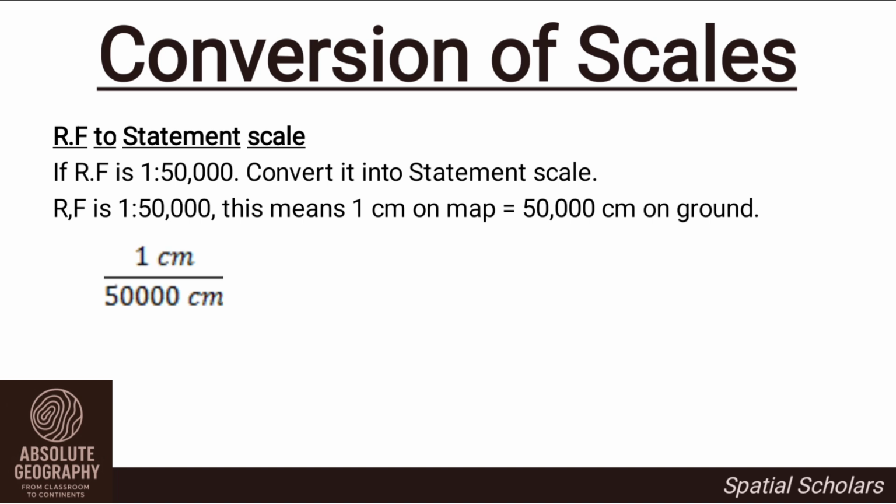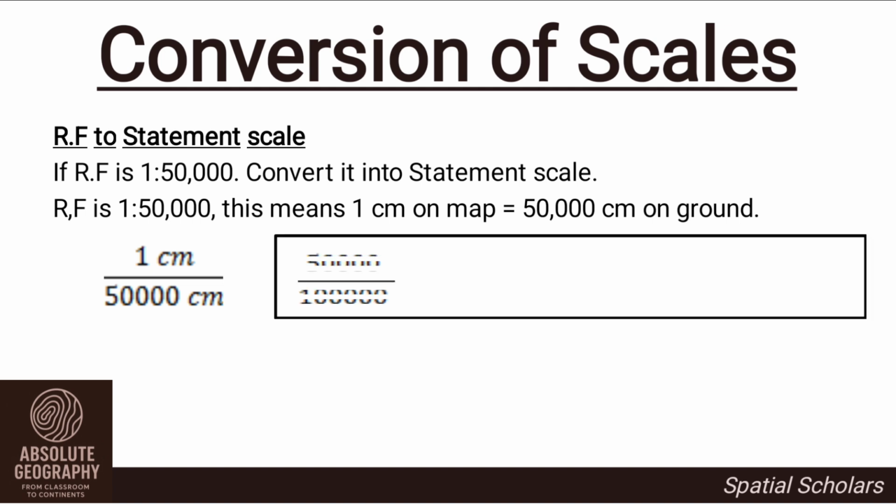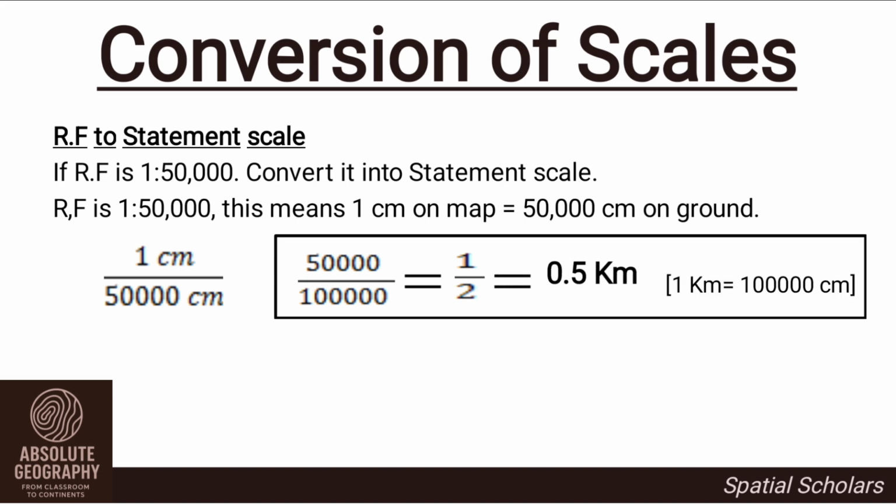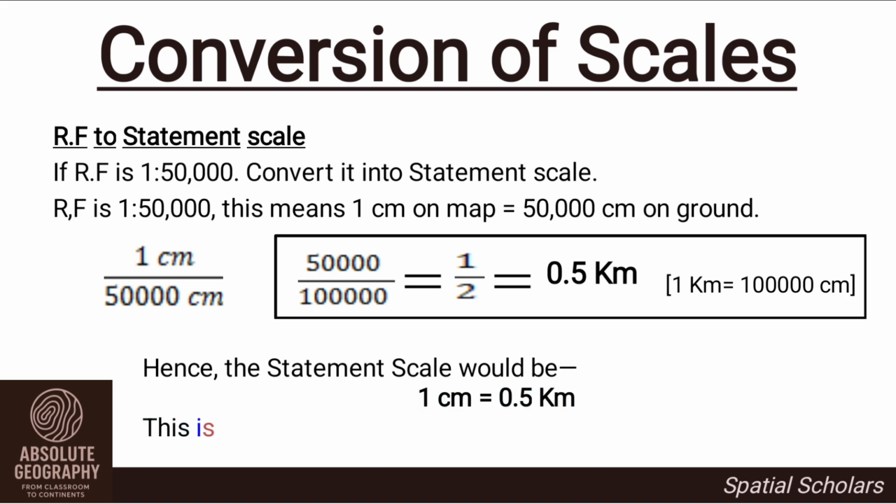So 50,000 centimeters will be equal to half kilometer, that is 0.5 kilometers. Therefore, the statement scale of RF 1:50,000 is 1 centimeter is equals to 0.5 kilometers. And this is the standard scale for topographical maps that we have to study.